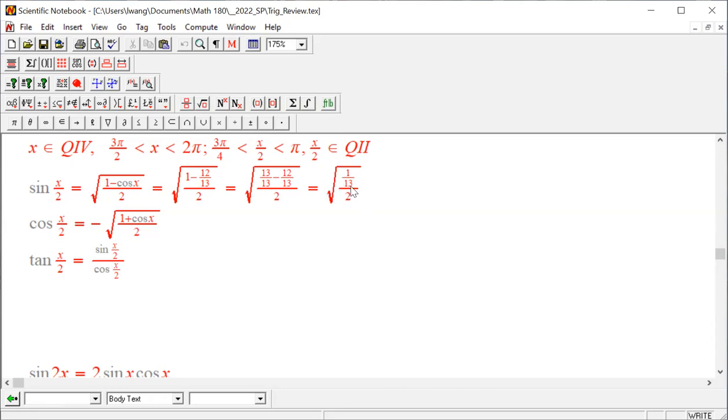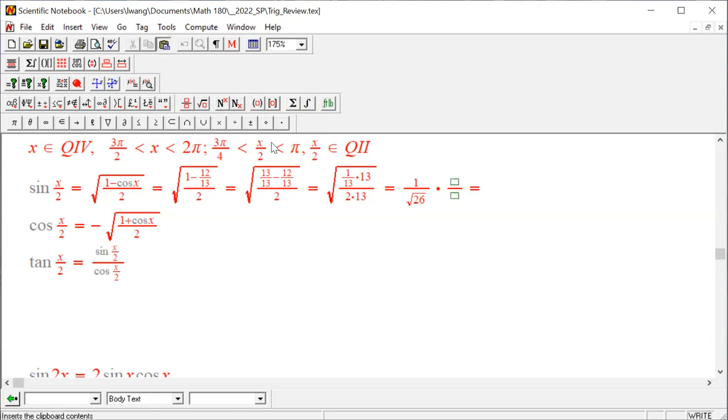So multiply the top and the bottom by the same number, 13. So we will end up with 1 over 13 times 13, that's 1. Square root of 1 is 1. So the denominator is going to be root 26. Rationalize it, right? We're going to multiply root 26 over root 26. So in the end, we're equal to root 26 over 26.